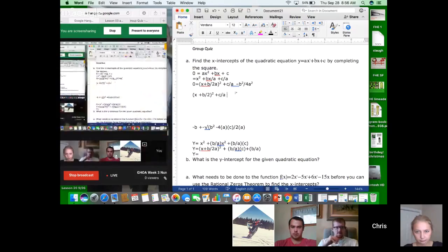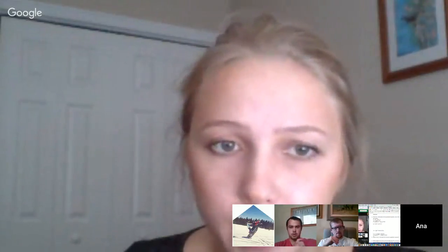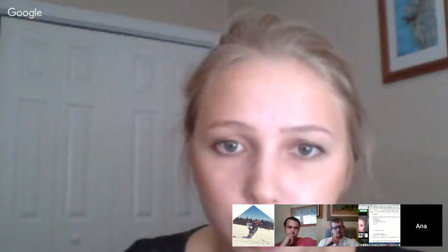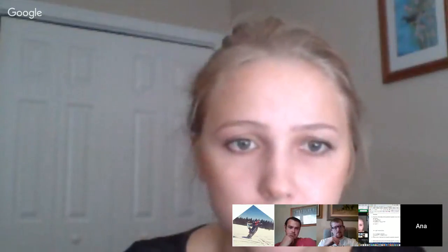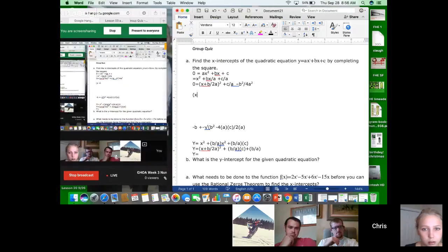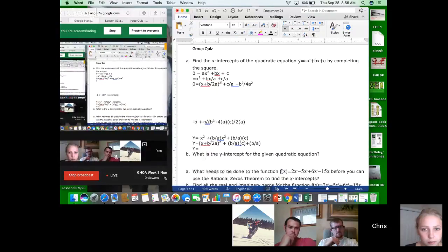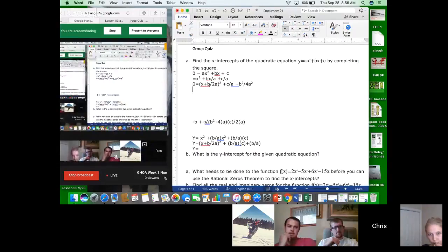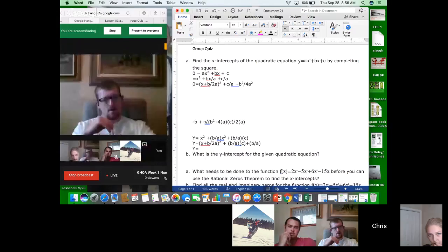How then would you simplify this? So you need all x's to be on one side and all the numbers on the other side in order to find x, right? So we'd have to expand this, wouldn't we?